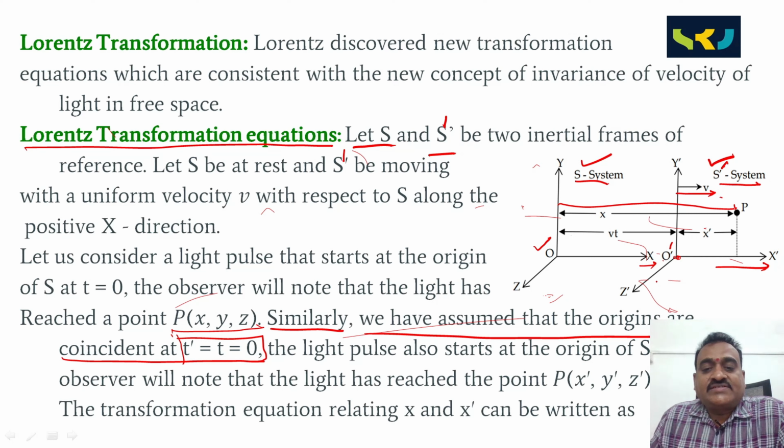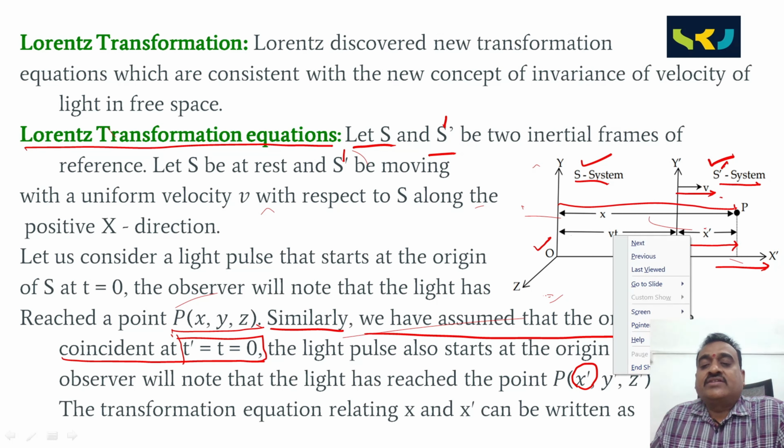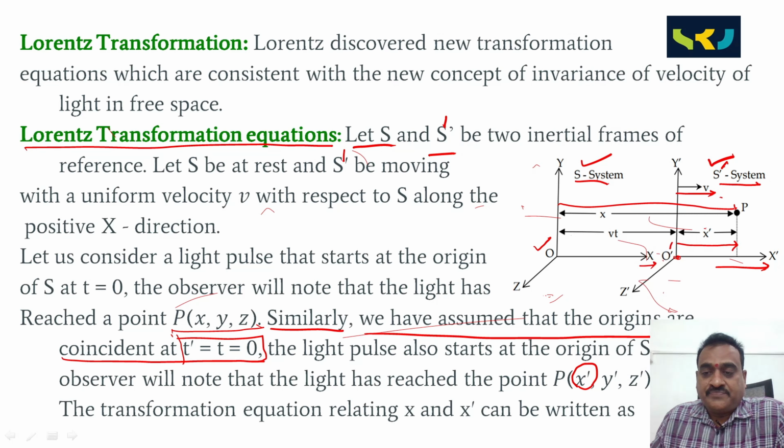The light pulse also starts at the origin of S dash at t dash equal to 0. Then the coordinate from O dash to that point P we can take as x dash. Similarly, the point we can take as P of x dash, y dash and z dash, as shown in this figure.